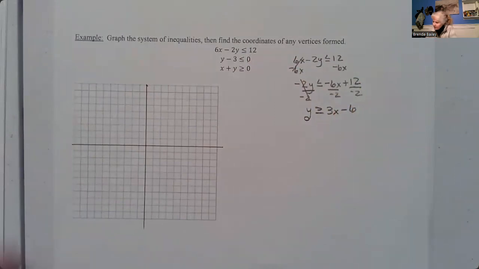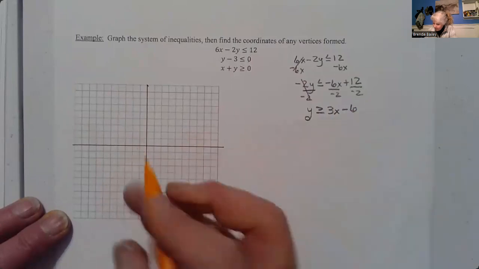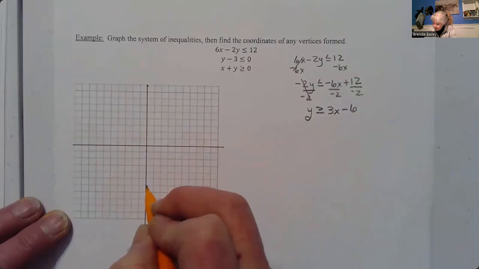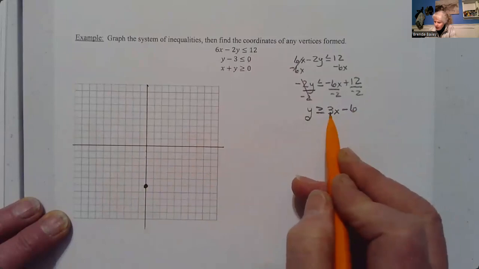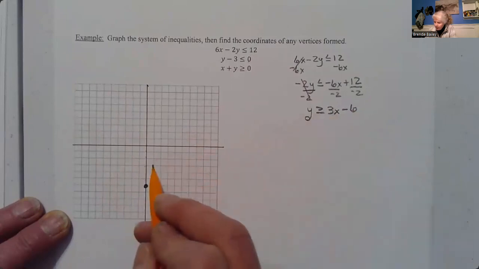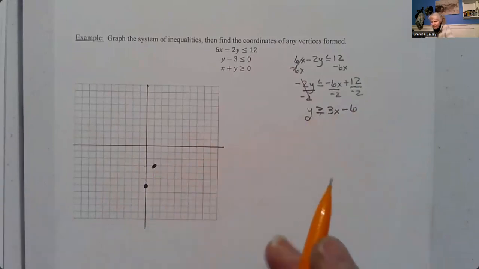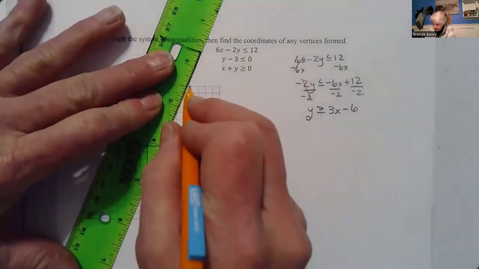So if I were to graph this first one, I would go to a minus 6 on the y-axis. 4, 5, 6. Okay. Slope is 3 over 1, up 3 over 1. It's a solid line because of that bar there, so we'll make it solid.